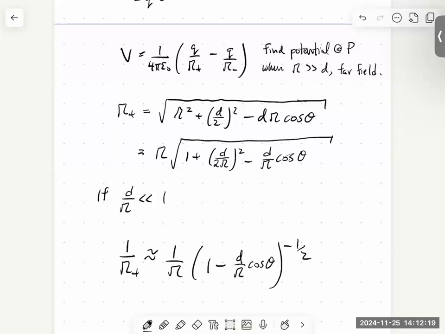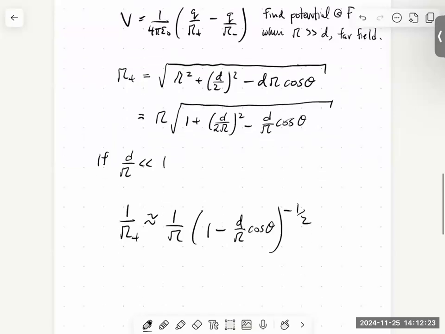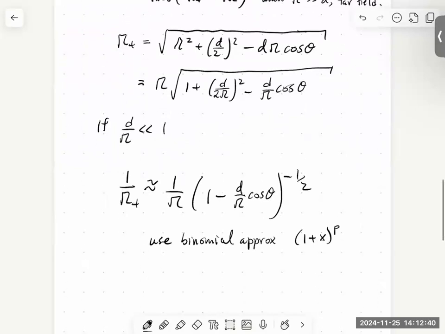I want to make another approximation, and it's my favorite approximation because it seems to come up all the time. We're going to use the binomial approximation, which says that 1 plus x to the power p is approximately 1 plus px when x is small.